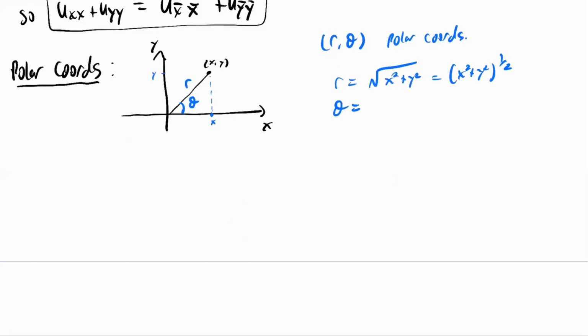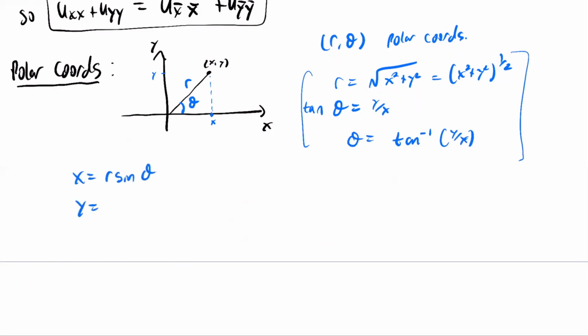So if you look at the tangent of theta, this is given by y over x, right? So theta is given by the inverse tangent, or the arctangent, of y over x. On the other hand, if you know the polar coordinates and you want to determine x and y in terms of r and theta, the formulas are a little bit simpler. So x is given by r sine theta, and y is given by r cosine theta, right?